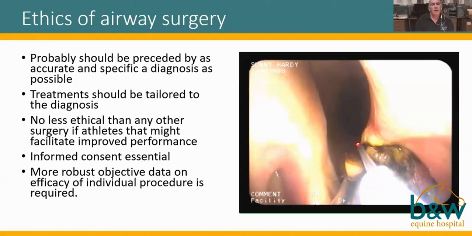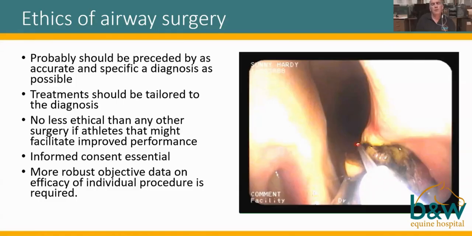Kate Allen at Bristol did some work looking at the perception of ethics in sport horses, and two of the things that concerned the stakeholders, and they were veterinarians who responded to it, the most were multiple joint injections and airway surgeries. So there is a perception that it may be done more than necessary and unjustifiably, and there are possibly some welfare concerns about that.